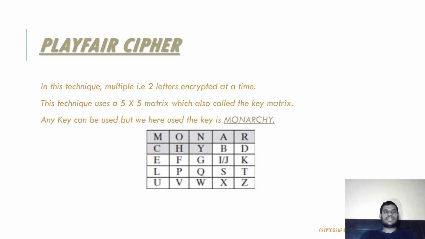Any key can be used, but here we use the key monarchy. As we can see with monarchy, we have a 5 by 5 matrix which can be filled from A to Z, starting from left to right by filling in the given key monarchy.